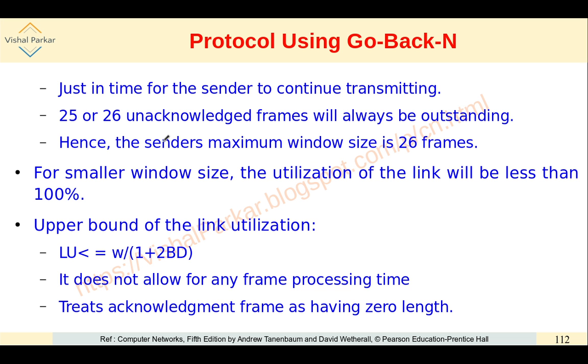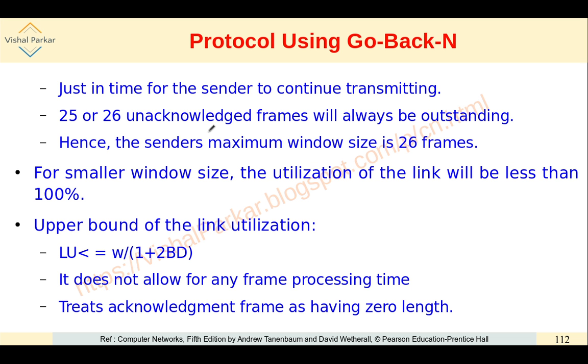The first 26 frames have been sent, the corresponding acknowledgements are being received. So there will be 25 or 26 unacknowledged frames always in the channel, and that's why the sender is not ever blocked. There is no situation that the channel is not transmitting any data. Hence, the sender's maximum window size here, as you have just seen, comes out to be 26 frames.